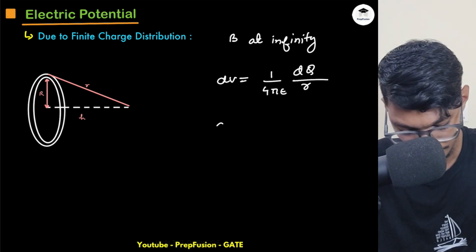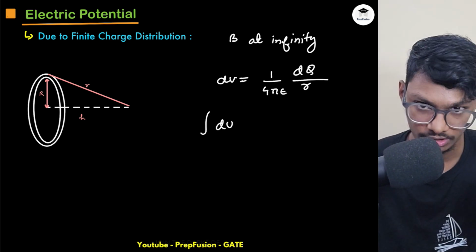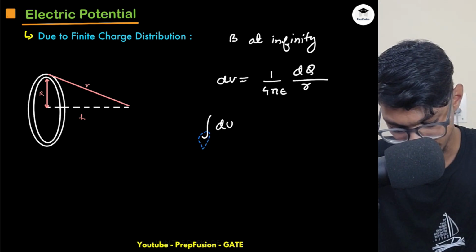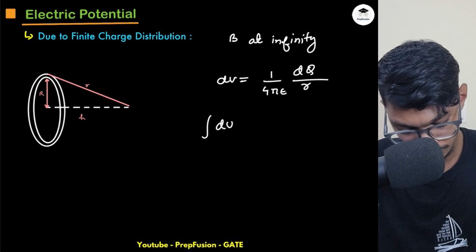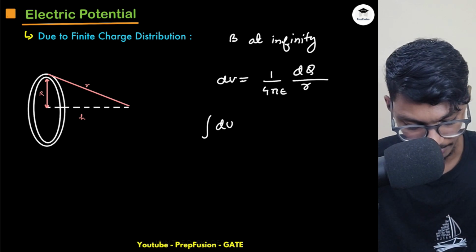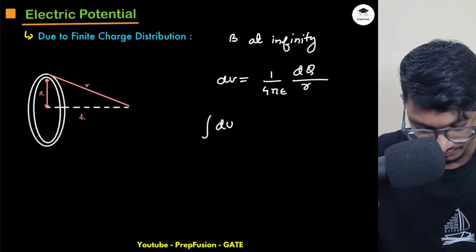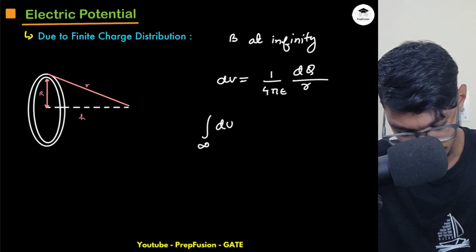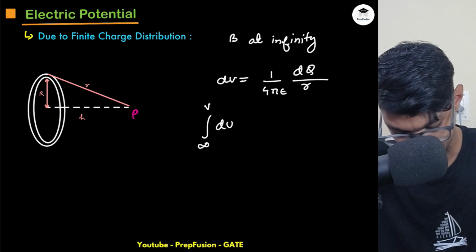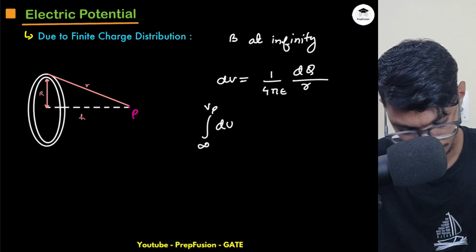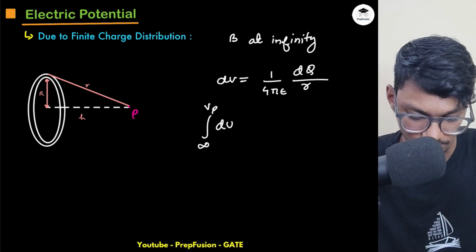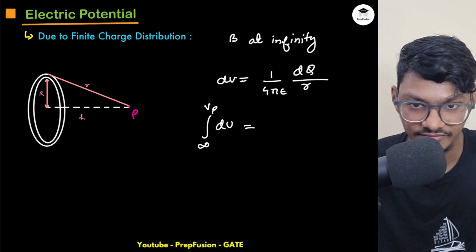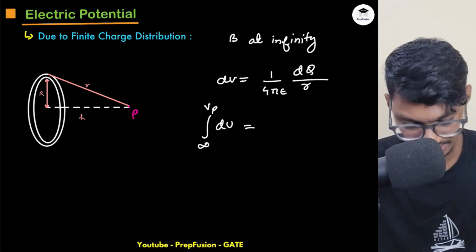So my dV will be what? I will integrate from the reference at infinity, so this will be from infinity to V at this point P. At infinity the potential will simply be 0, because the distance is infinity.